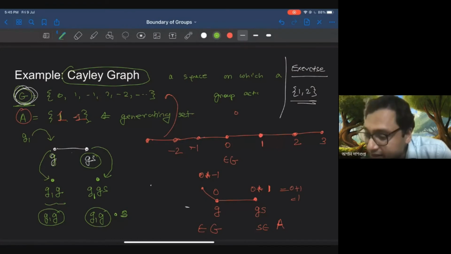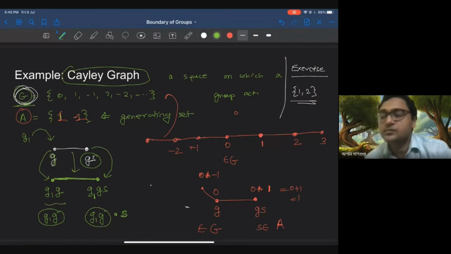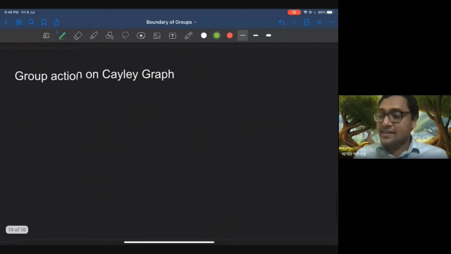So certainly this edge goes to this edge. Now it becomes a little bit clear what I mean by the action of the group on a space. This is an example, but I will make it a little bit more precise.